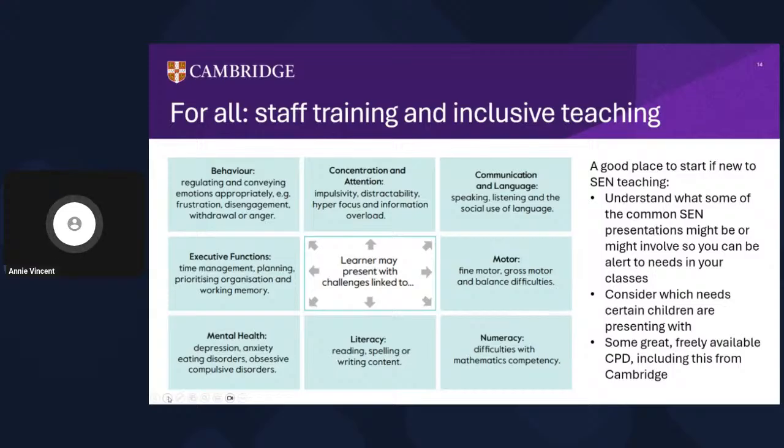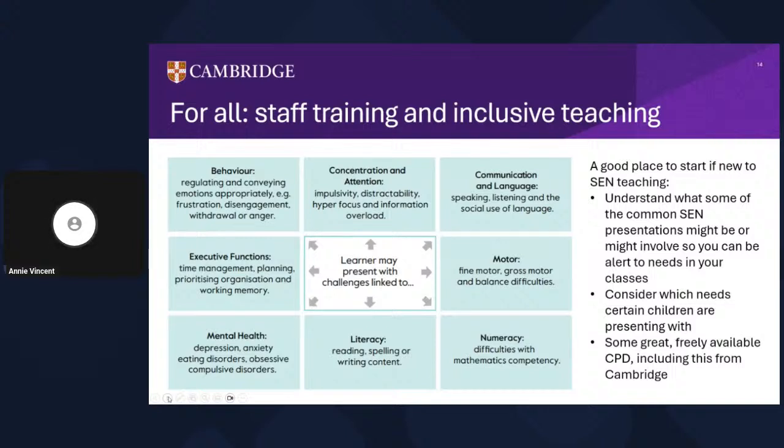Now, the graphic that you can see on screen at the moment, this map here, is effectively a series of descriptors for commonly observable presentations in children, of some of the potential challenges that they might face in their learning.